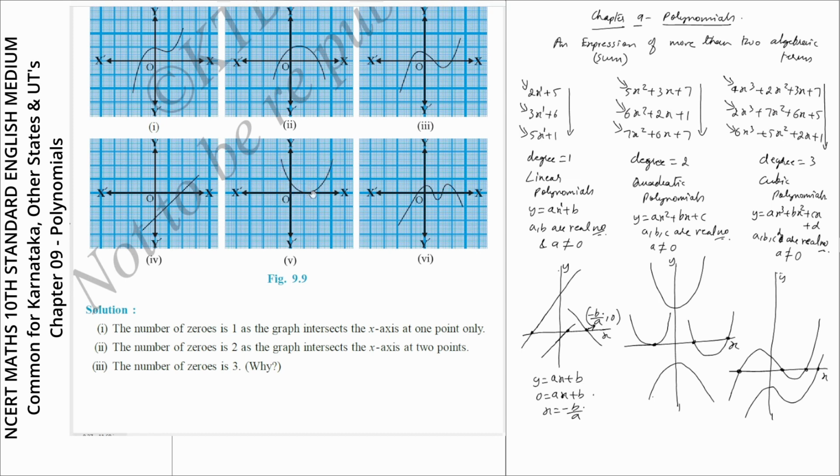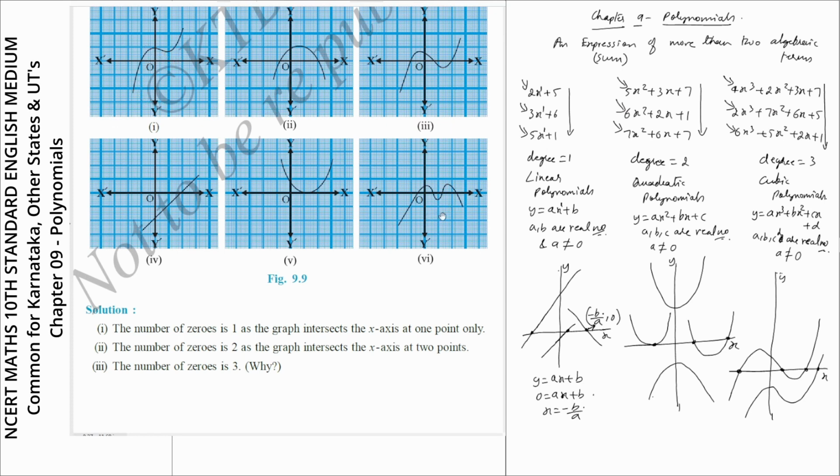This is a quadratic polynomial, and a quadratic polynomial always gives a parabola. In example 2, this is a quadratic polynomial, this is the linear polynomial, and this is the cubic polynomial, and the first also is a cubic polynomial.